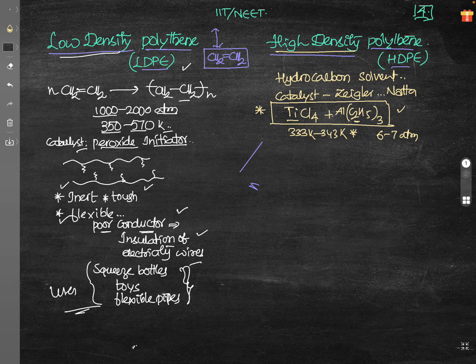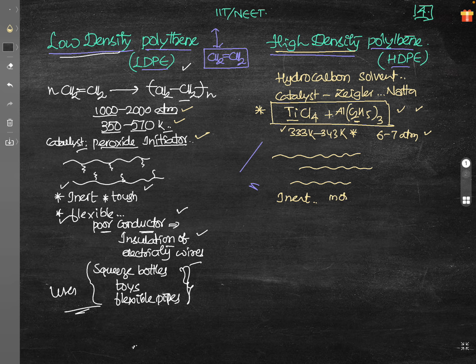Here you see this is 1000 to 2000. Here it is 6 to 7. Here 350 Kelvin. Here 333 Kelvin. Here catalyst is peroxide. Here catalyst is Ziegler-Natta catalyst. If you remember this, that is easy to remember. And here no branches, only chains will be there. And this is also inert in nature.